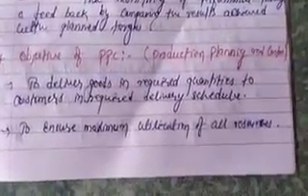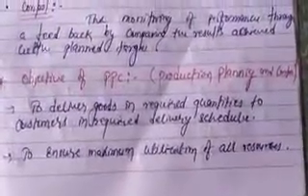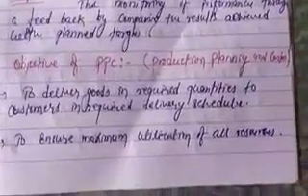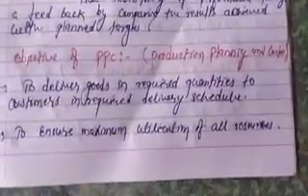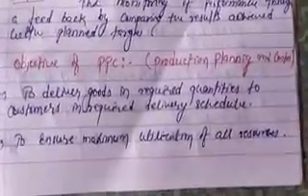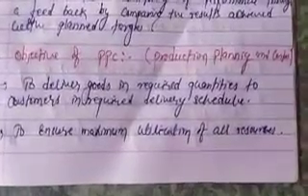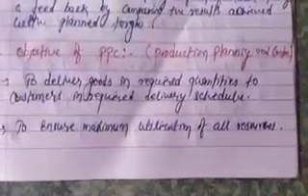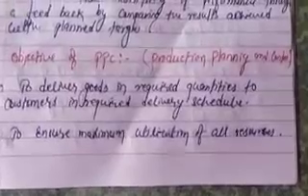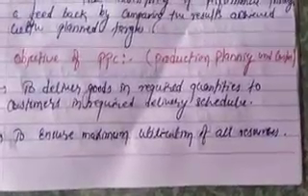So we want to deliver goods in required quantities to customers in the required delivery schedule. And the second objective of production planning and control is to ensure maximum utilization of all resources.